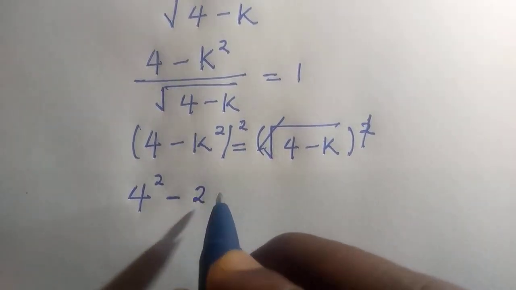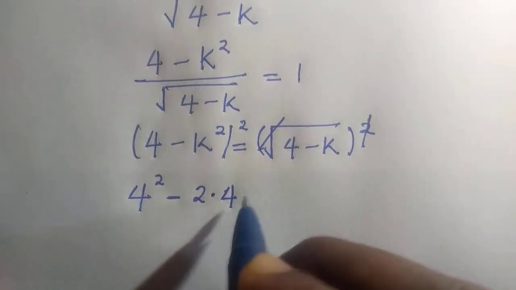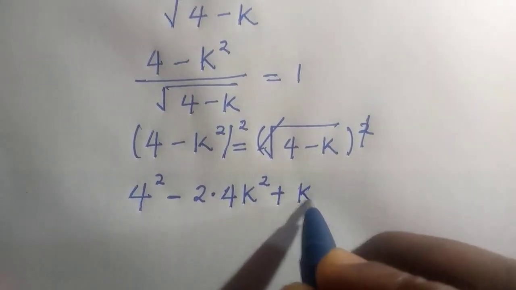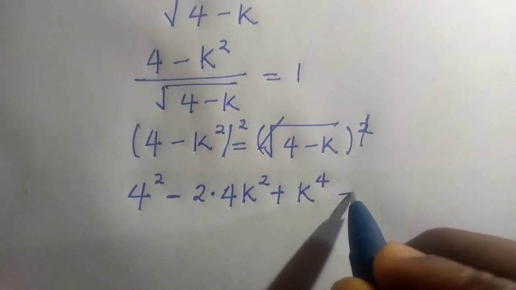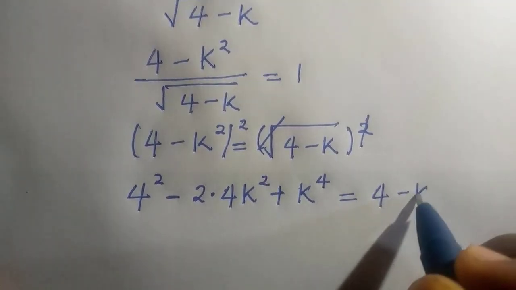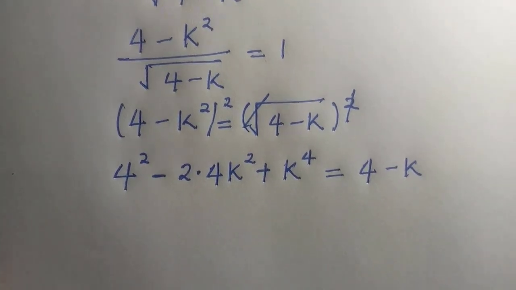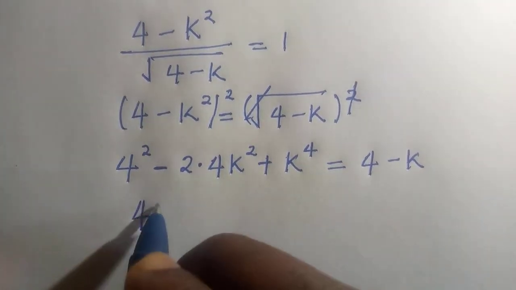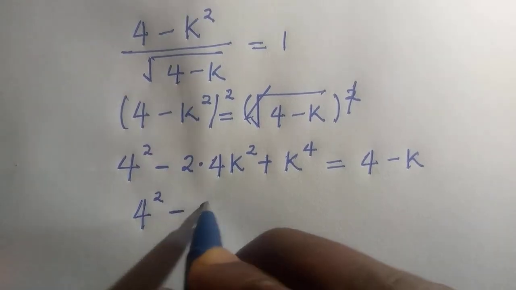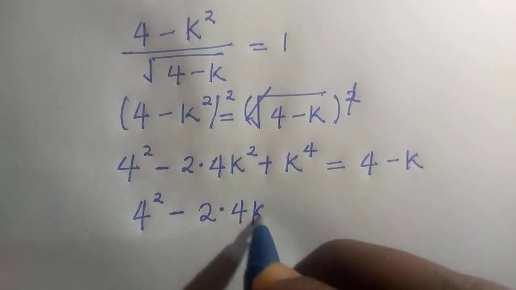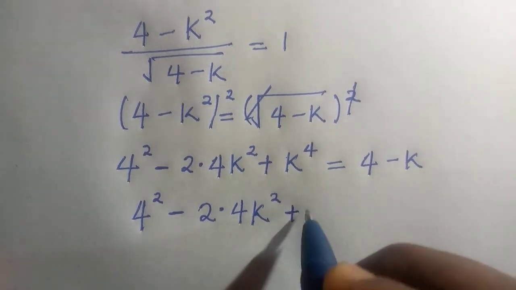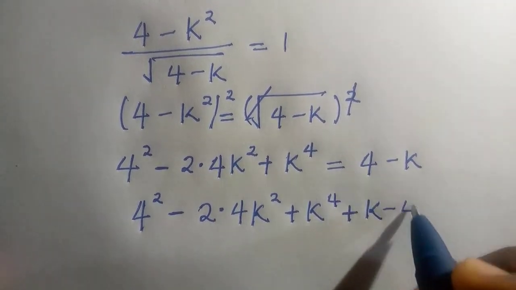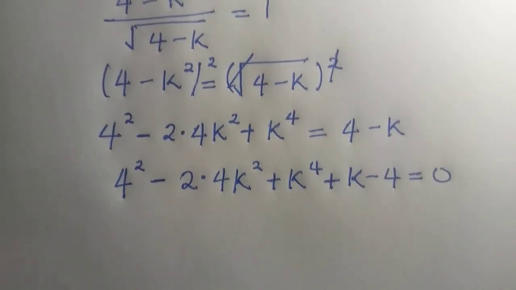We have 4² - 2 × 4k² + k⁴ + k - 4 equals 0.